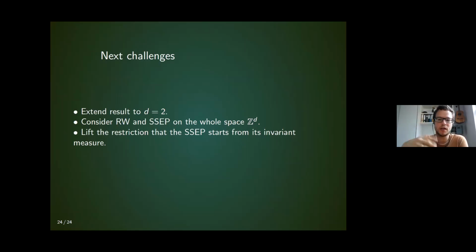Another is to look at the exclusion process and the random walk on the whole space instead of on the torus. And the biggest challenge is for sure to lift the restriction that you start the exclusion process from its invariant measure. This is something that we really use throughout the paper. Without it, estimating the cumulant would simply fail. Well, at least we would not be able to say much about it.